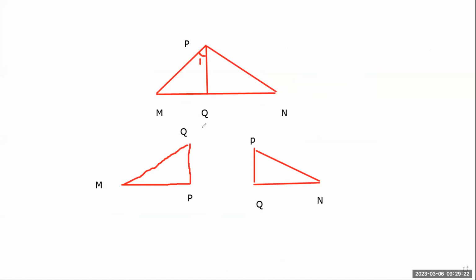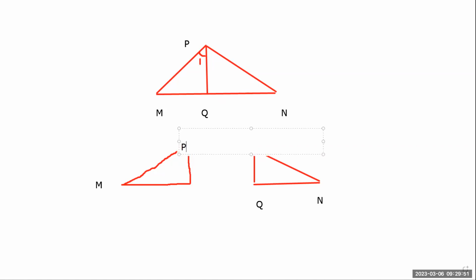and I mislabeled something, let me fix that. I have Q and P in the wrong place. This is P for this angle. So this is going to be P up here.